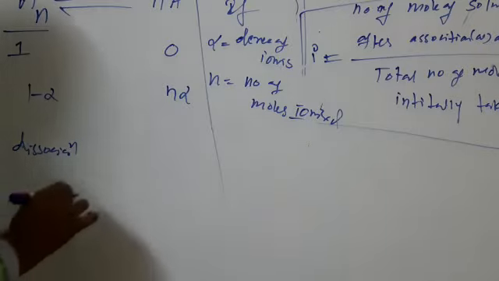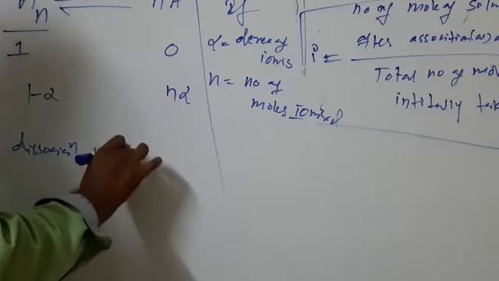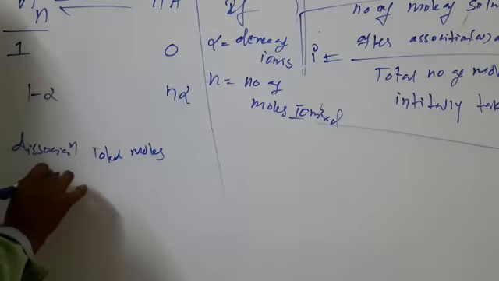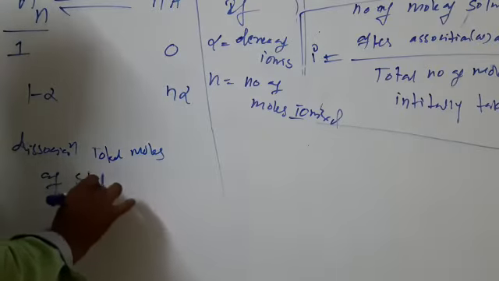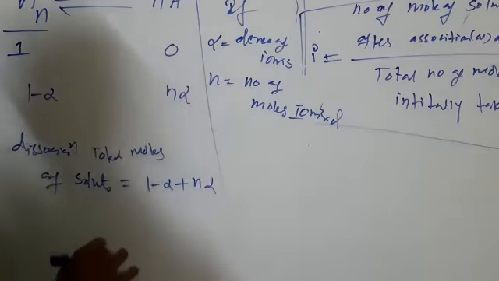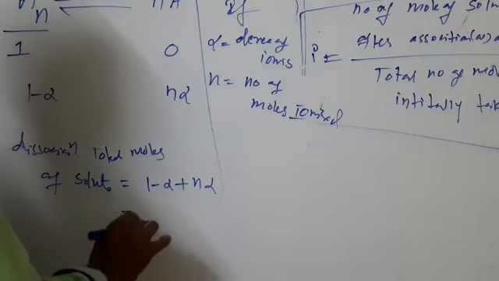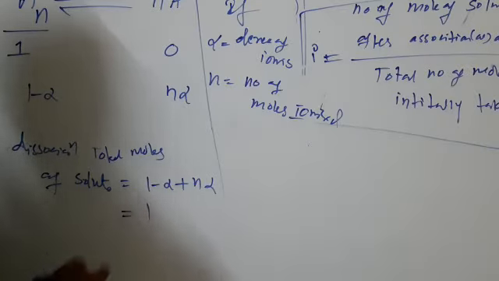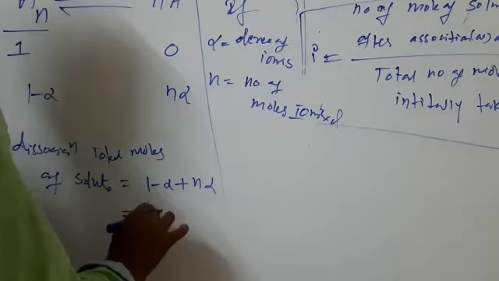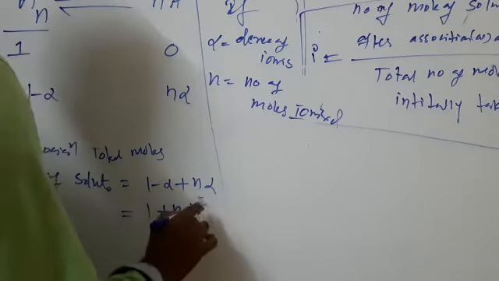So after dissociation, the total moles of solute equal 1 minus alpha plus n alpha. So from this you can write 1 into 1 plus n alpha minus alpha.